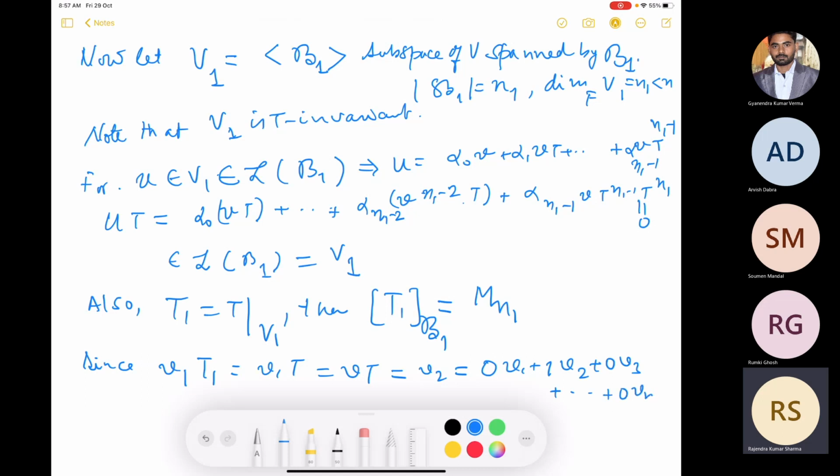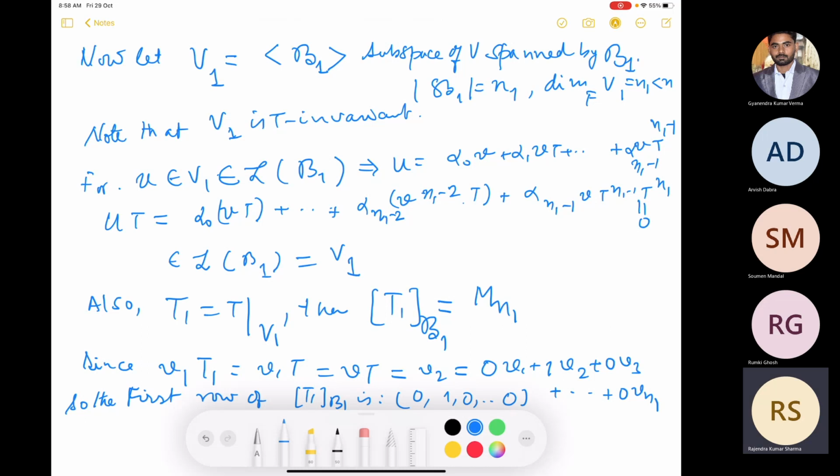So the first row of T1 with respect to the ordered basis B1 is: first entry 0, then 1, then zeros.